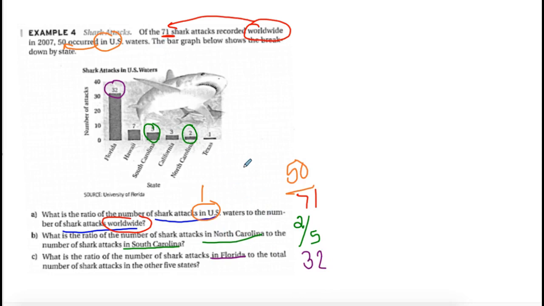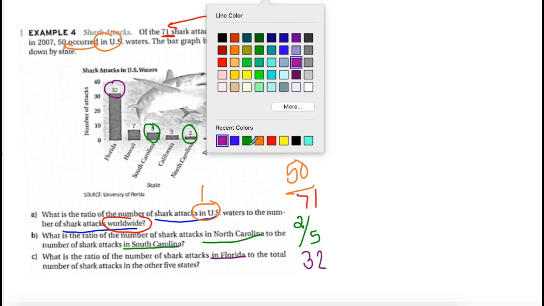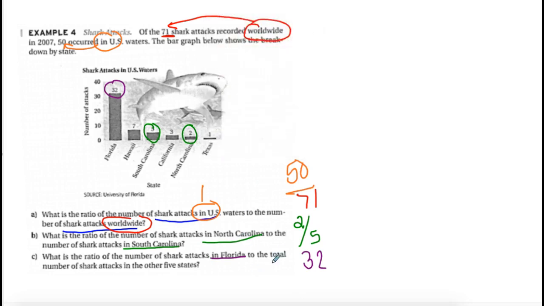Okay, total. So let's take a look at the word total. We see total, which means we want to add the 5 other states. So we're going to add these together. That's 7 plus 5 plus 3 plus 2 plus 1. 7 and 5 is 12, 15, 17, 18.